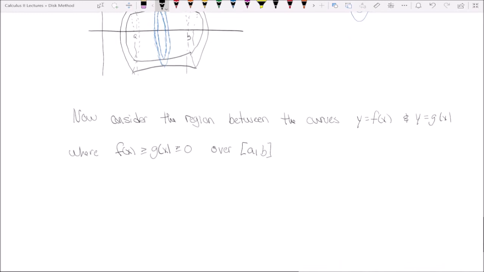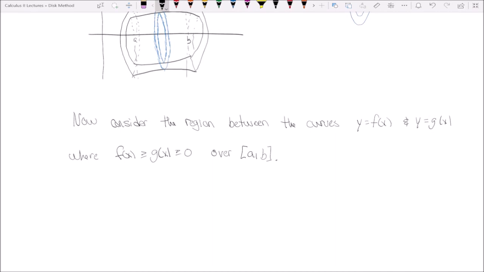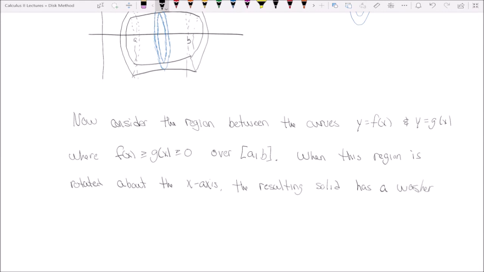All right. So when this region is rotated about the x-axis, the resulting solid has a washer as the vertical cross section.